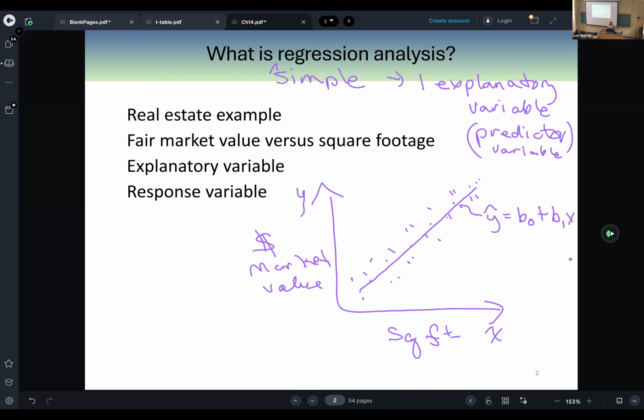So when we get into chapter 15, we expand on everything and have more predictors, and we have what is called multiple linear regression. So that's the difference. There's either multiple linear regression or simple linear regression. As soon as you hear simple, just know that's the scatter plot. It's one predictor. Okay.